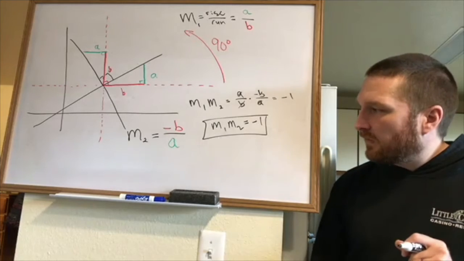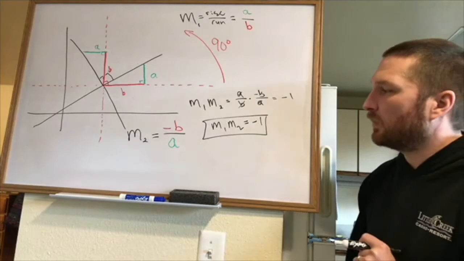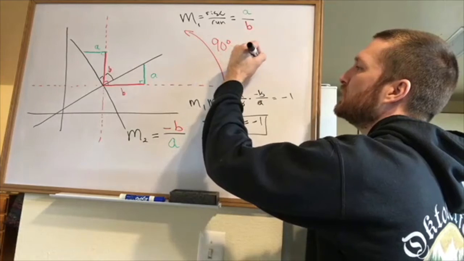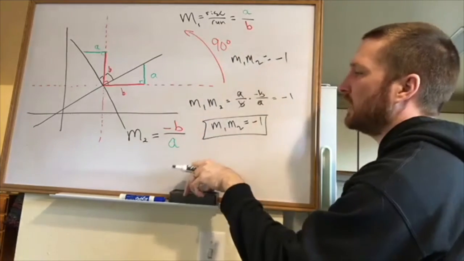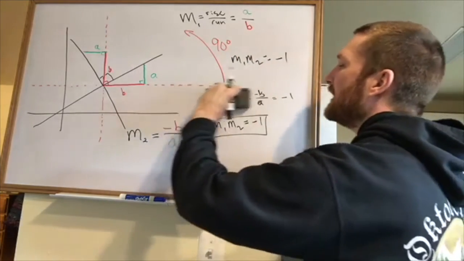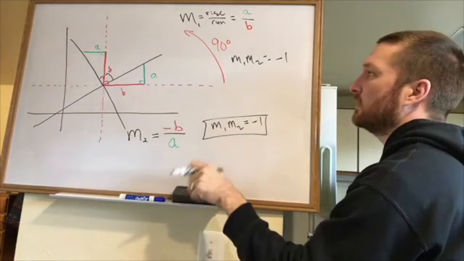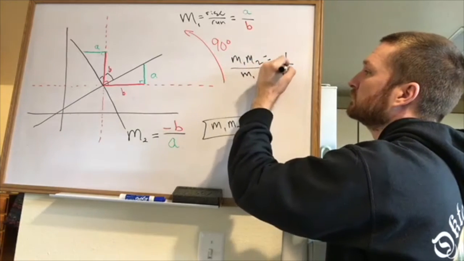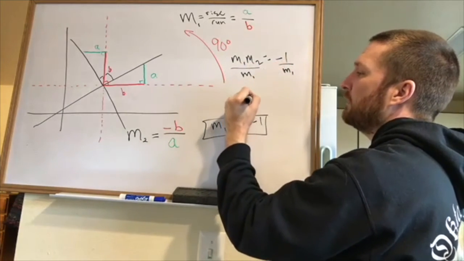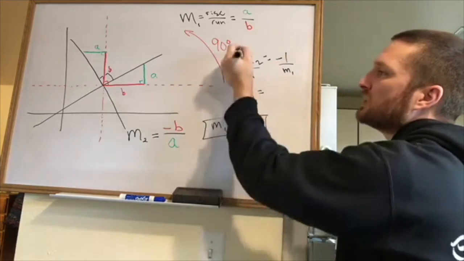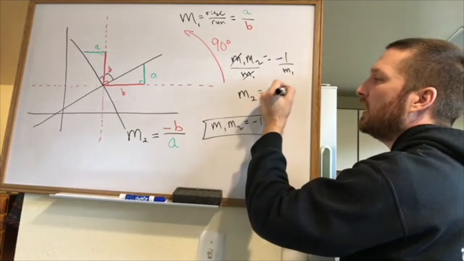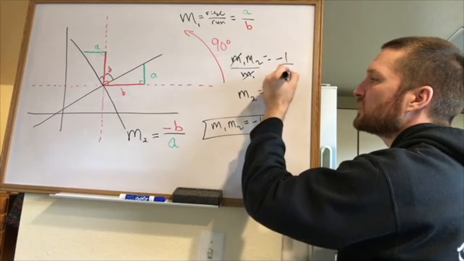So another thing we could do is we could say, well, hold up. If M1 times M2 is equal to -1, it must be the case that, well, let's maybe divide both sides by M1. I get that my new slope, which is perpendicular to the old slope, is -1 divided by the old slope.